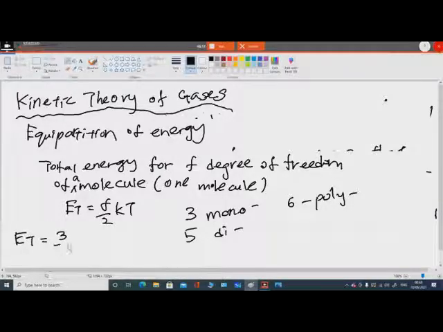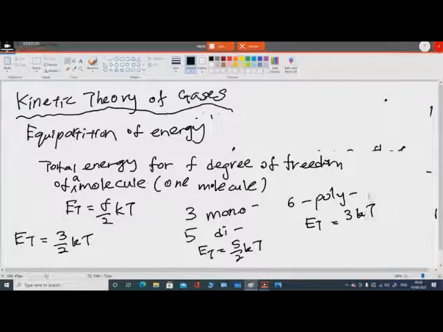For the diatomic, the total energy is 5/2 kT. For polyatomic gas, we have 3 kT, since 6 divided by 2 is 3.